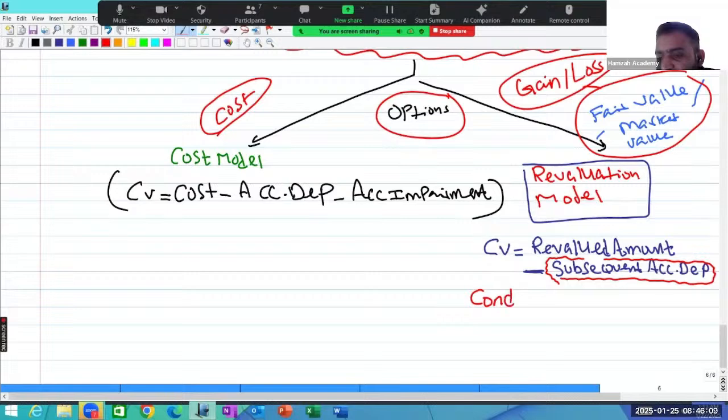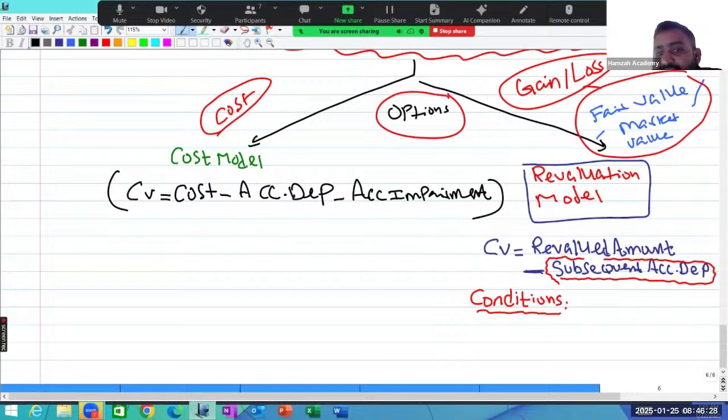If a company wants to use a revaluation model, there are certain conditions which should be fulfilled.